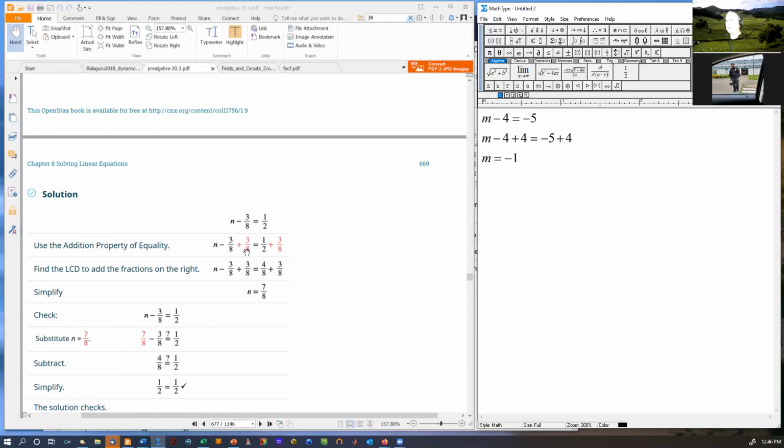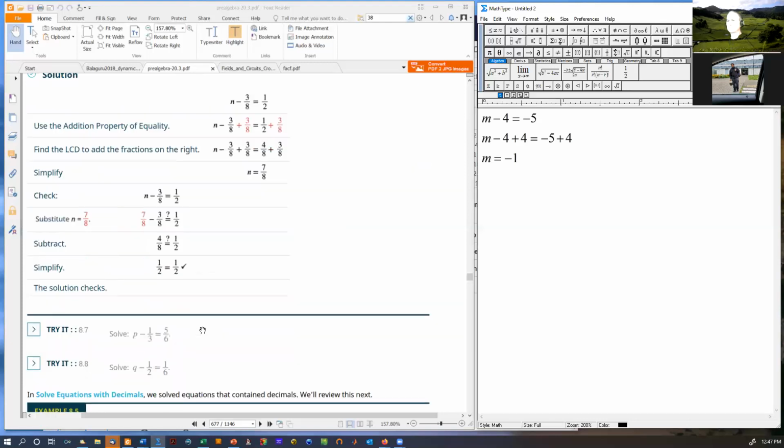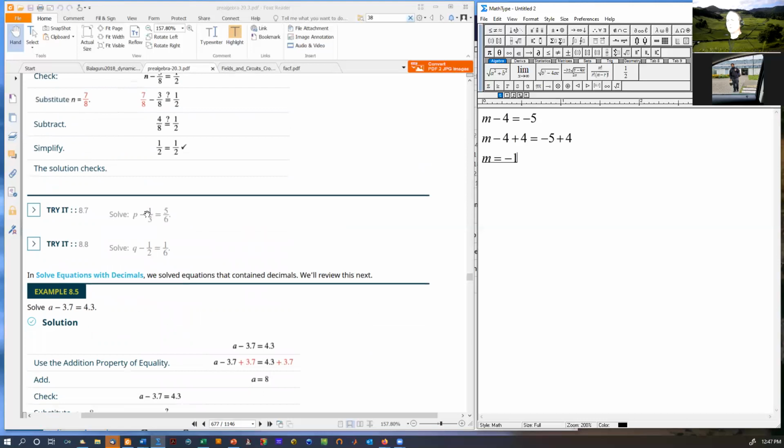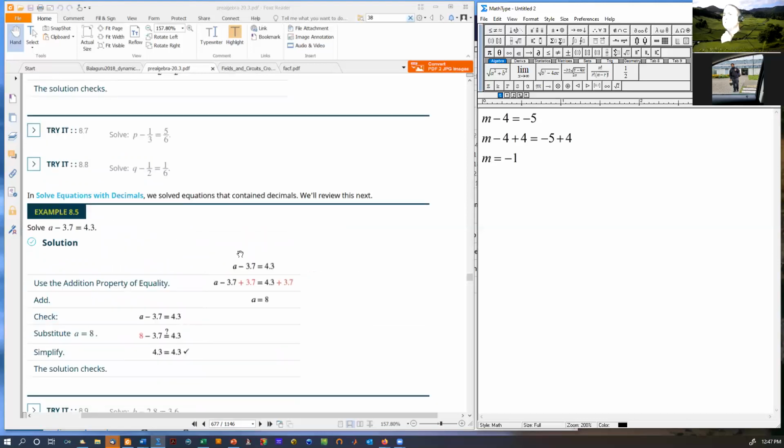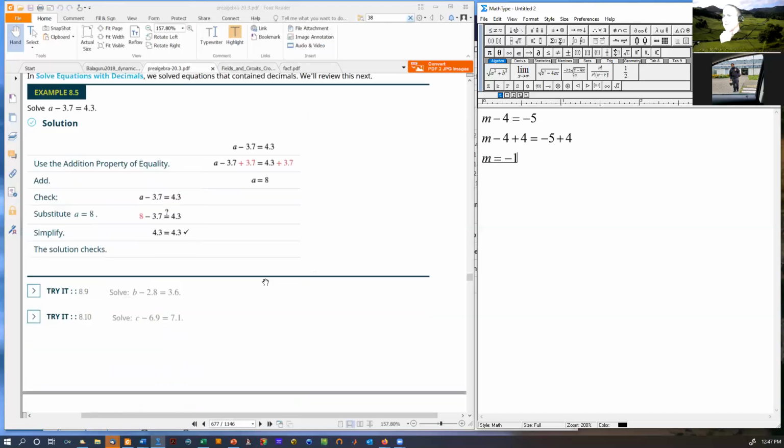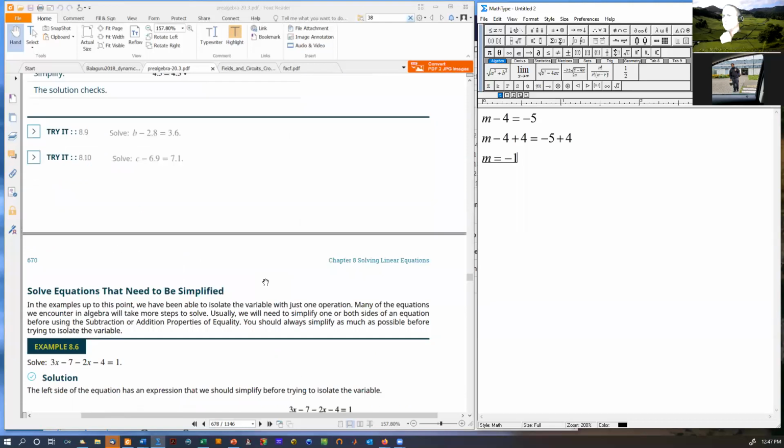And so you add 3/8 to both sides, and then you have to simplify that fraction, right? And then you get n is equal to 7/8. So you can work with fractions just as well as you can with whole numbers. You can work with decimals. You just add the decimals. So it's really relatively straightforward.